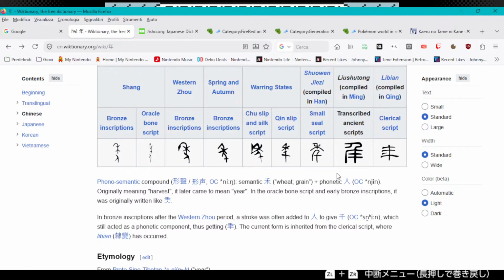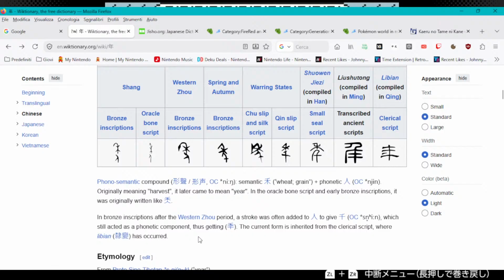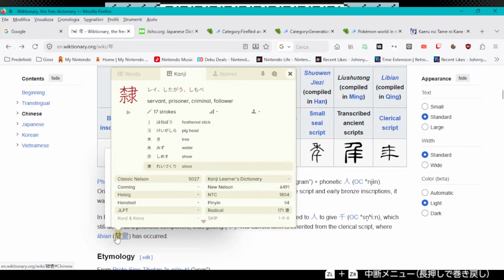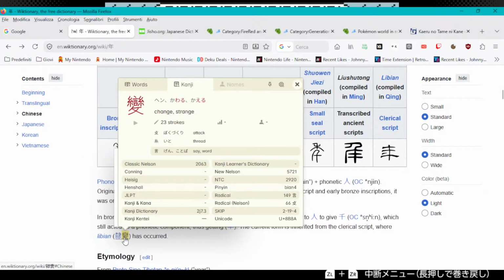Actually, we have studied the kanji for change last time, I think. Yes, we did. So you actually should recognize, I'll show it here. Bigger, more in general would be servant, prisoner, in Japanese the li, but in this context, in Chinese it's scribe more specifically. But this is the kanji for hen.